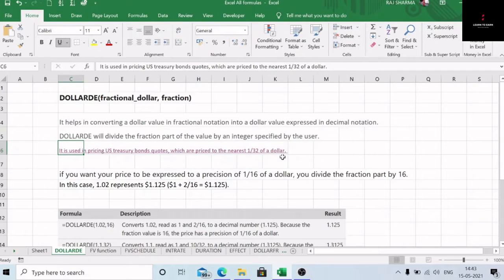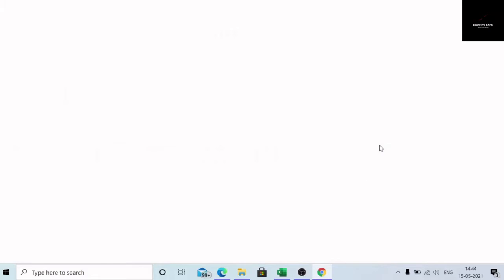Before we understand how the US Treasury bonds are being quoted, it will be very difficult for you to understand what this formula does. So let us first go to the US Treasury page and try to understand how the bonds are being quoted. From there, you will be able to correlate it with this formula.